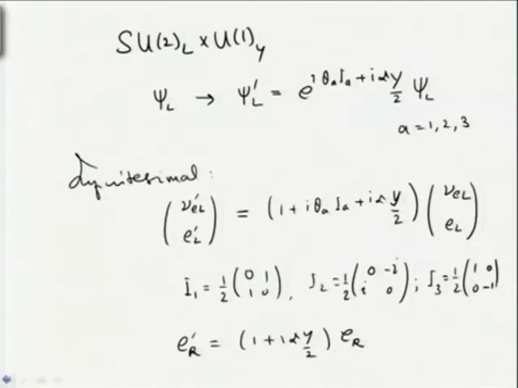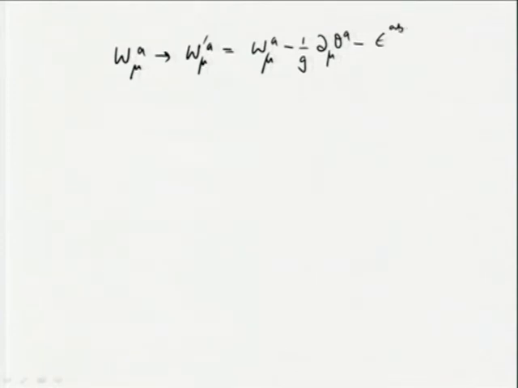Now, we said how these fields transform. The W's transform like W_μ^a goes to W_μ^a' equal to W_μ^a minus 1/g ∂_μ θ^a minus ε^(abc) θ^b W_μ^c. B_μ goes to B_μ' equal to B_μ minus 1/g' ∂_μ α.